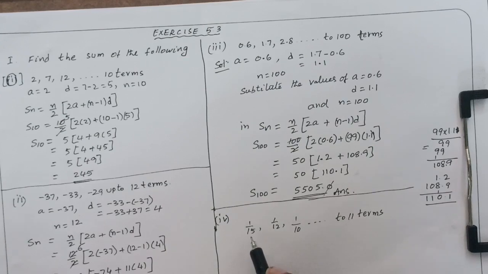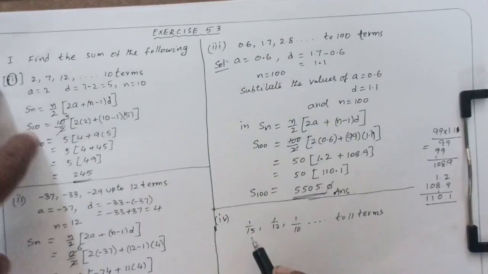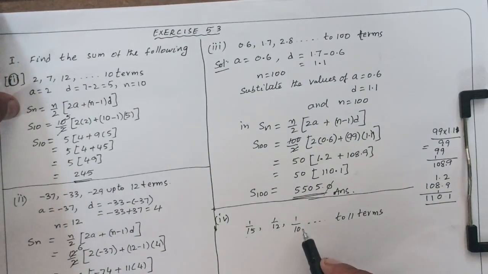Here in this progression, he has given fractional terms. Now a equals 1 by 15 and d equals 1 by 12 minus 1 by 15.